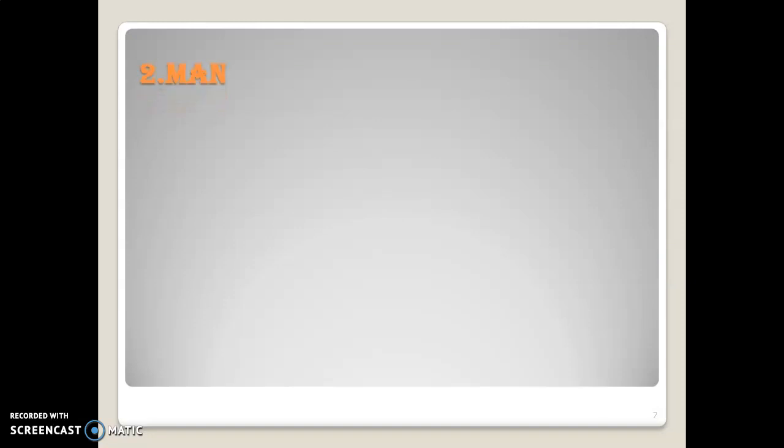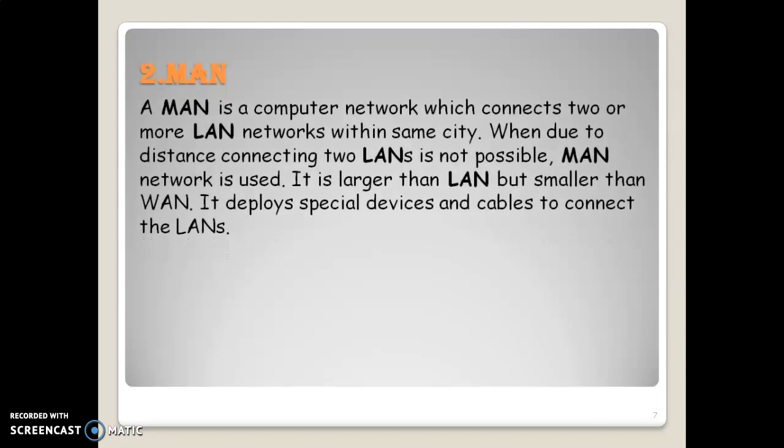Then we have the second, metropolitan area network. In a metropolitan area network, we combine two or more local area networks so they can form a bigger network, and that is known as a metropolitan area network. When we want to connect a whole city with the network, that can be possible using a metropolitan area network, because the distance is very large and we cannot connect the whole area with a LAN.